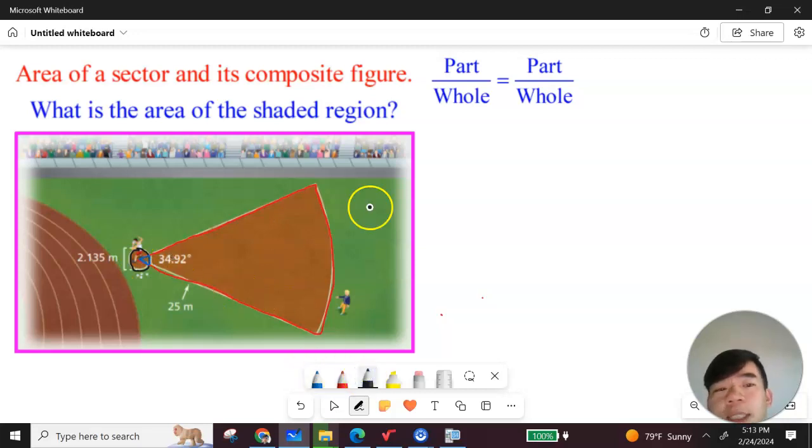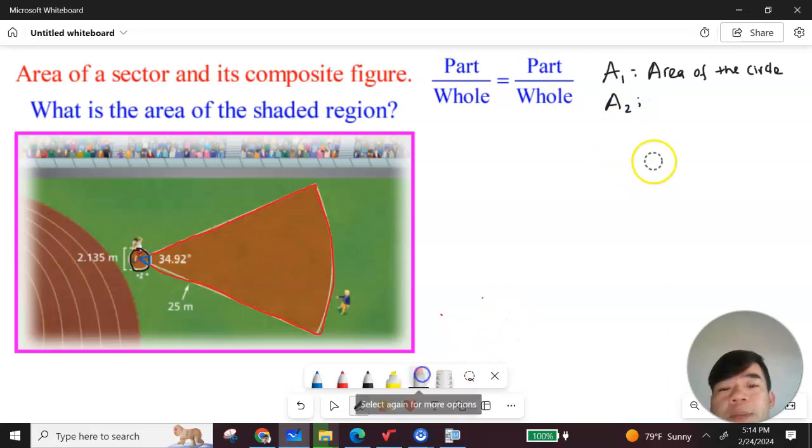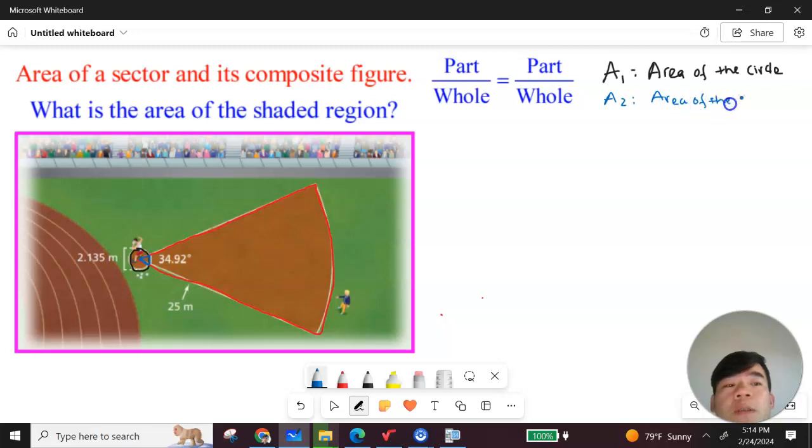All right, so let A1 be the area of the circle. Now A2 is the blue one, the area of the small sector.